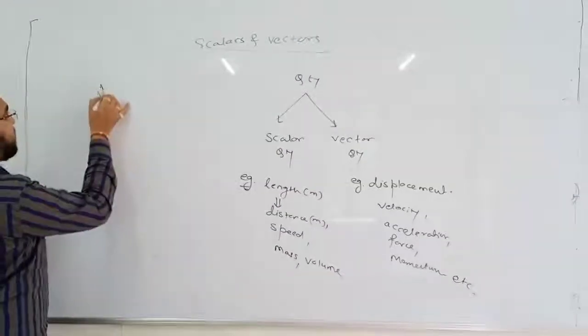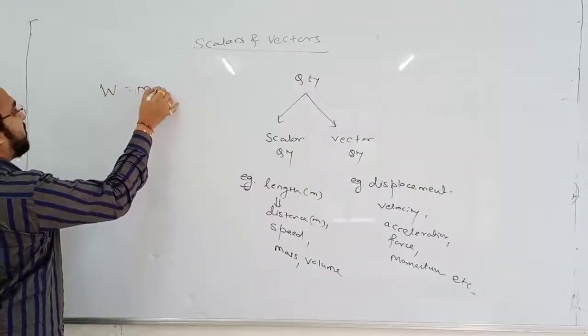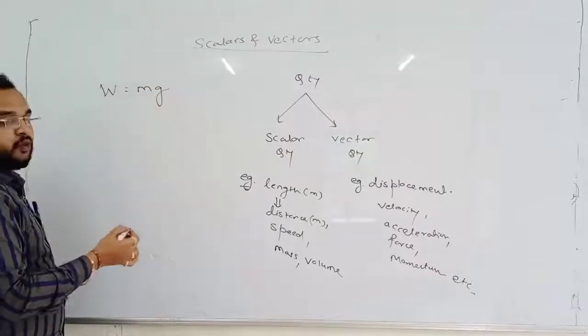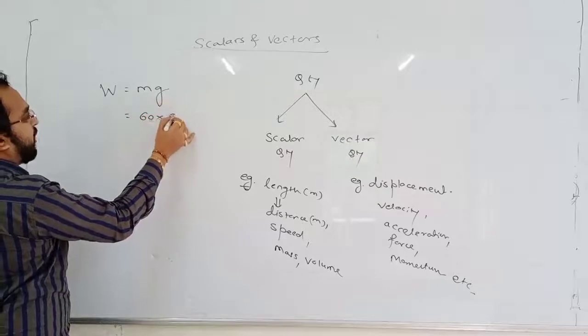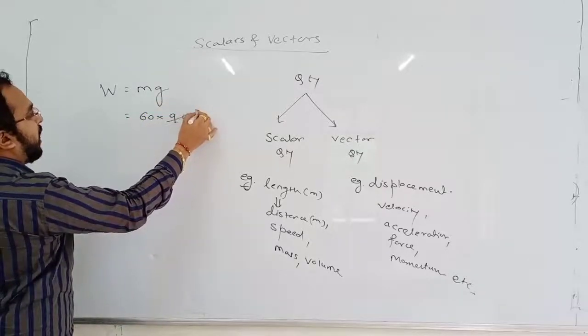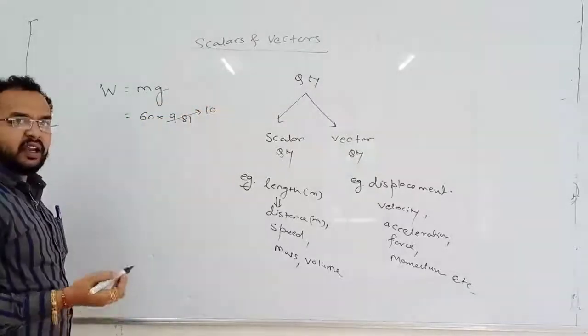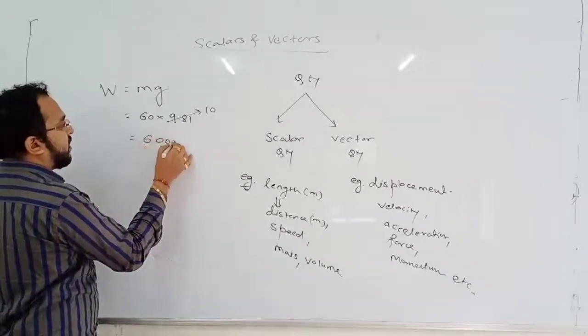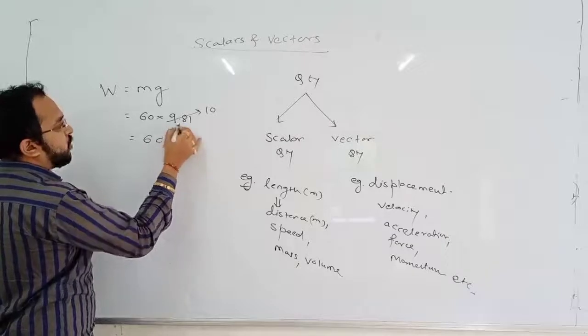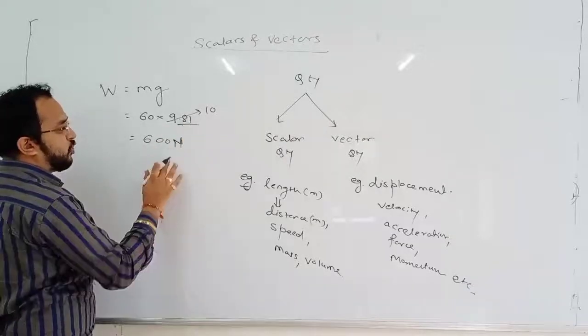My weight is equal to mg, mass into acceleration due to gravity. So mass is how much? 60. Acceleration due to gravity is nearly 9.81. We can assume it as 10, approximately. 60 into 10 is 600 Newton. Approximately, we have assumed 9.81 as 10.